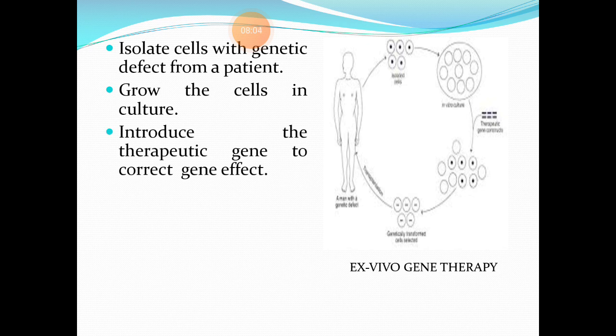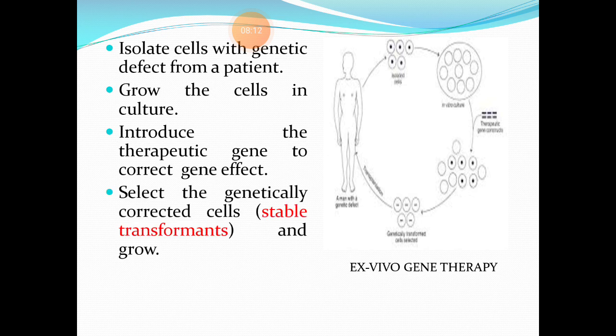Then you have to introduce the therapeutic gene into these cells to correct the gene defect, and you have to select the genetically corrected cells, which are called stable transformants, and you have to grow them. This is what is done in ex vivo gene therapy.